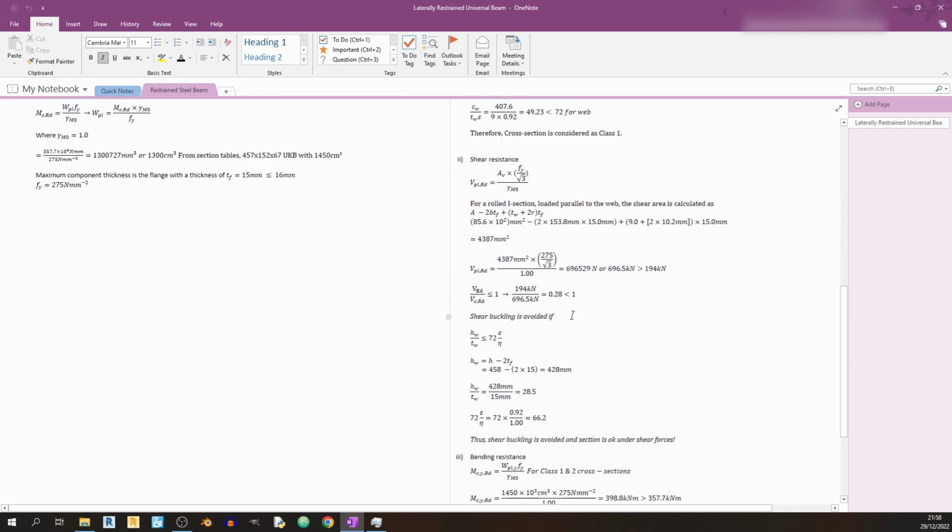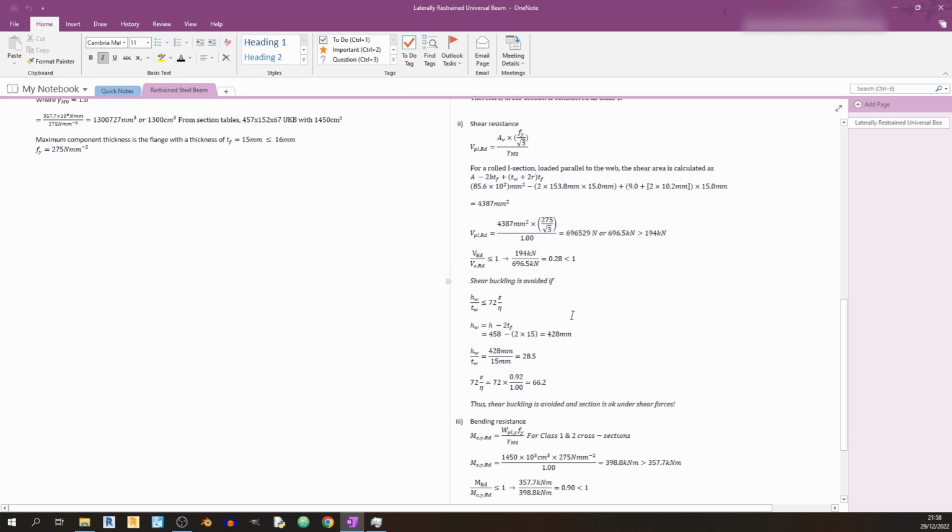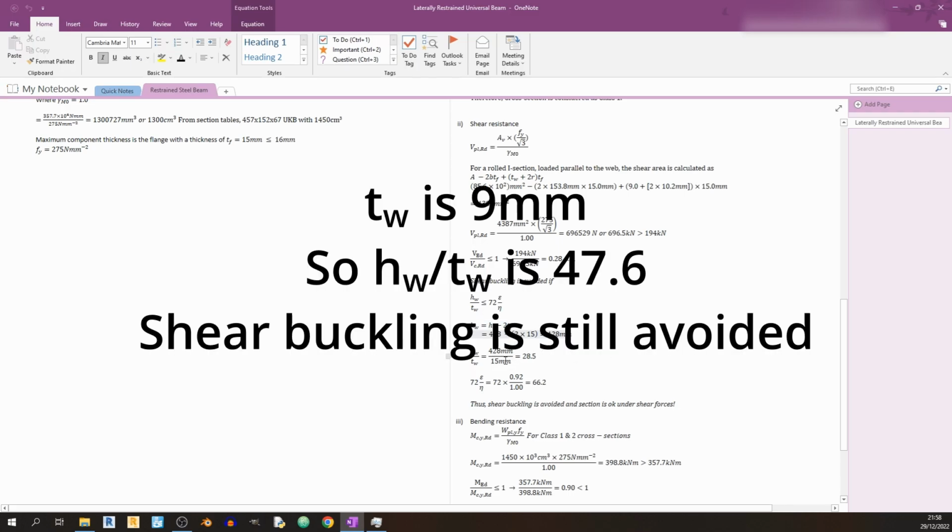And now we need to quickly check for shear buckling in the web by using this equation over here. So HW is equal to H minus TF. So this is the height of the web over here. So the height of the web is 428 millimeters over here. Divided by the thickness of the web, we will get 28.5.